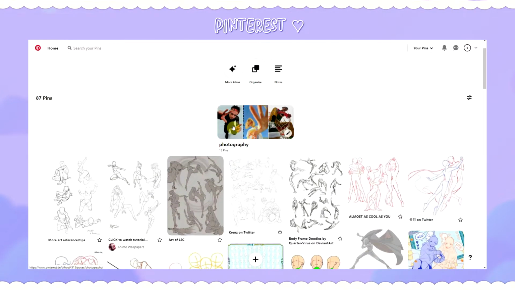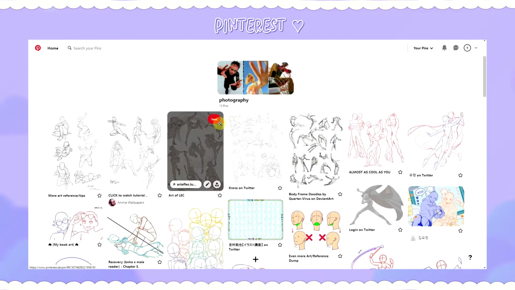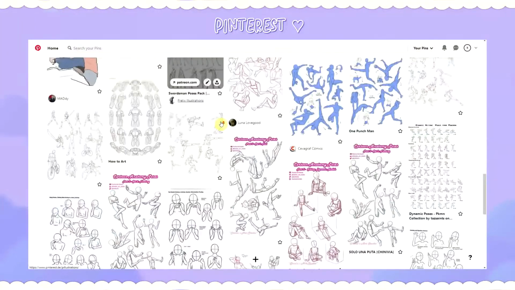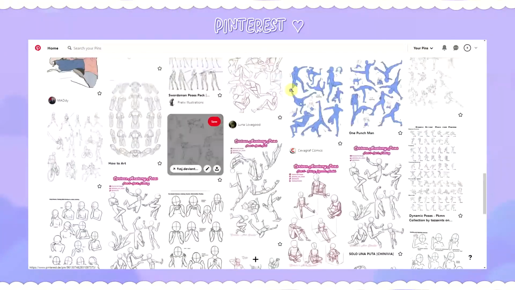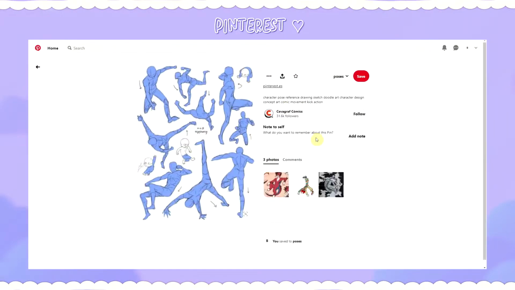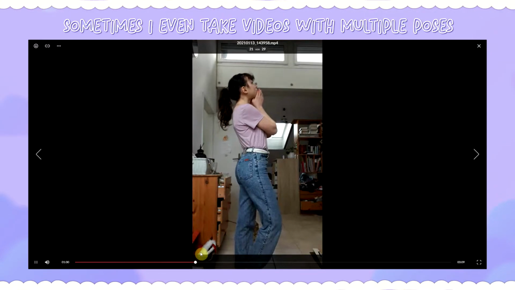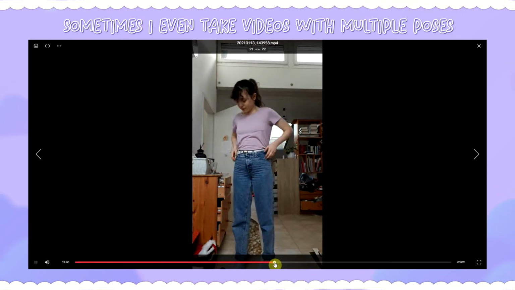And to do this, you can either find a nice pose of someone on the internet, on Pinterest, wherever you like to get your resources, or, if you're looking for something very specific and you can't find it, or just because it's very practical, you can take a photo of yourself in the pose you're looking for.